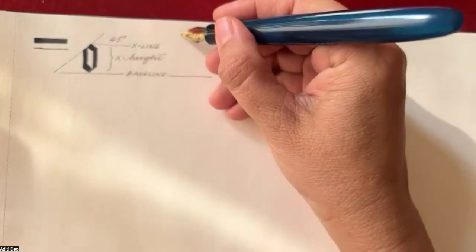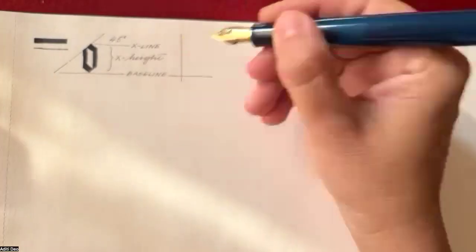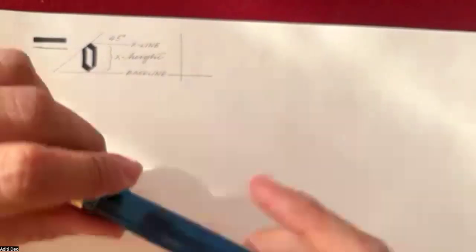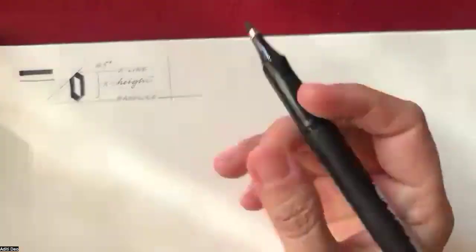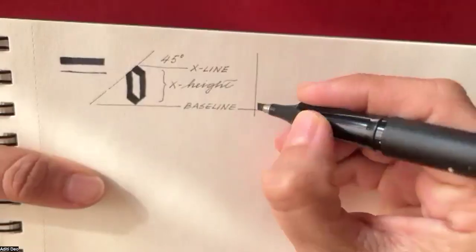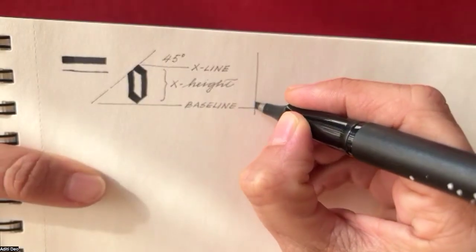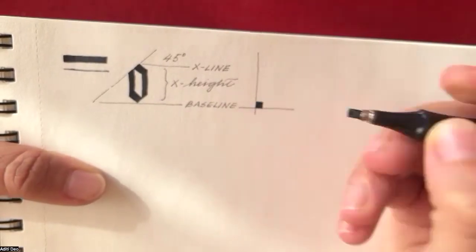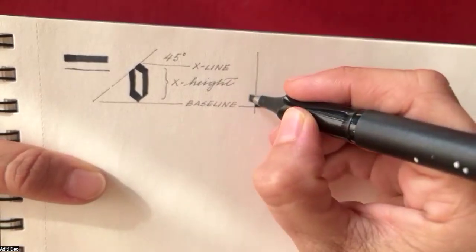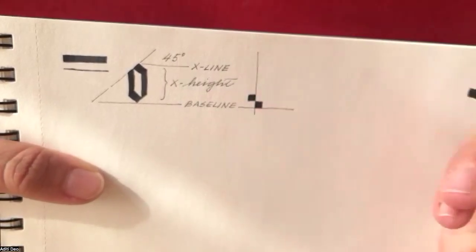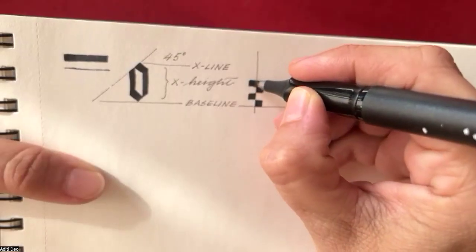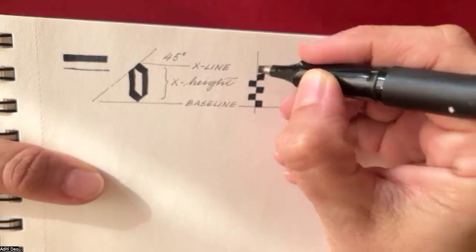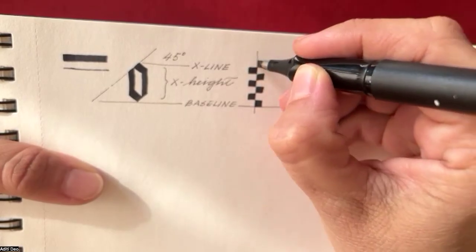So what they did was, on the baseline, or actually forget the baseline at this point, the measure of the height of the letters comes from making these really short flat lines, not at 45 degrees, just flat lines, one above the other, so that you create a scale.